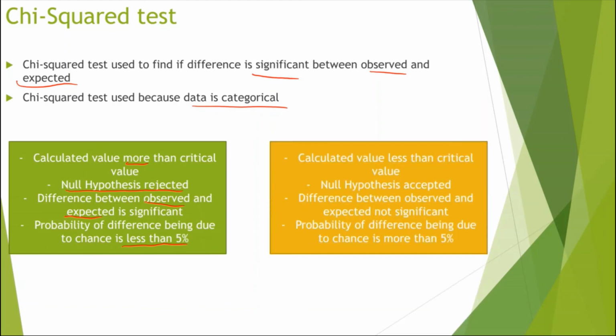Now, if the calculated value was less than the critical value, then you would accept the null hypothesis and say that the difference between the observed and expected is not significant, and the probability of the difference being due to chance is more than 5%. There's more of this in my stats video, which I'll pop the link up for now, but just be aware of the chi-square test for inheritance.